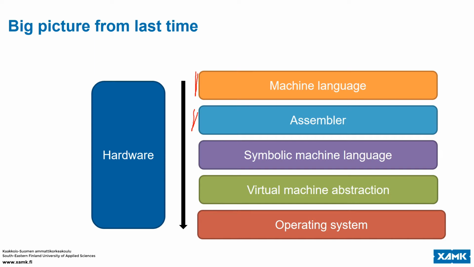When working with a microprocessor at a very low level, we write code using a symbolic machine language, something that is very low level but still human readable. This symbolic machine code is also called assembly language.